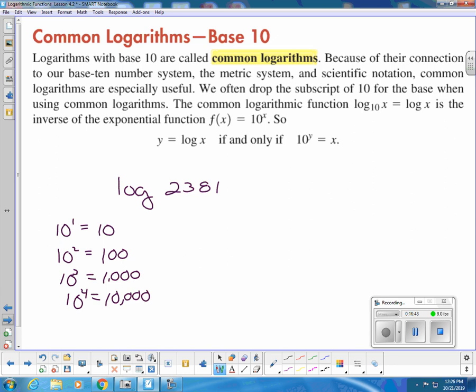Yes? Do you see that this number resides in between 1,000 and 10,000? So the log value has to be between 3 and 4. So this has got to be 3 point something. Does that make sense? Okay.